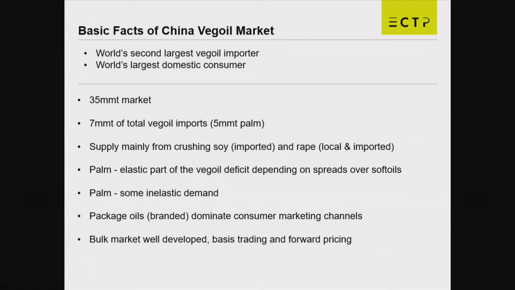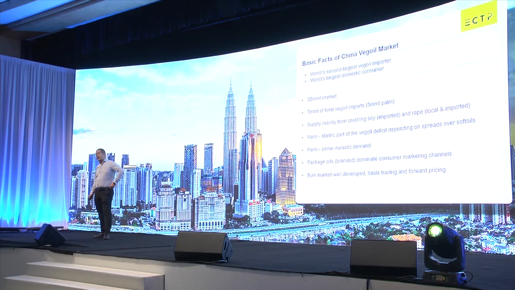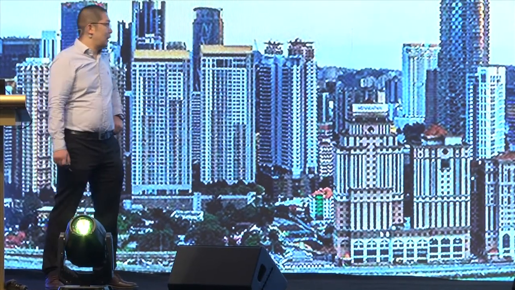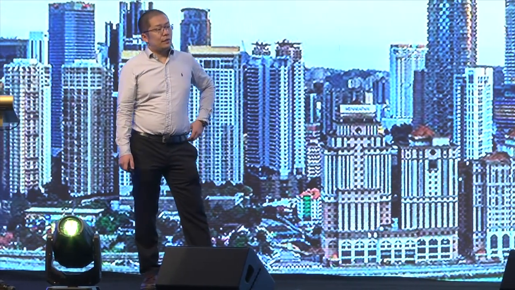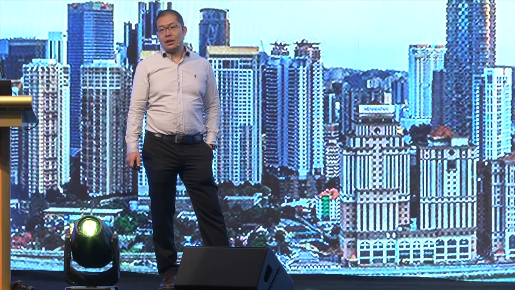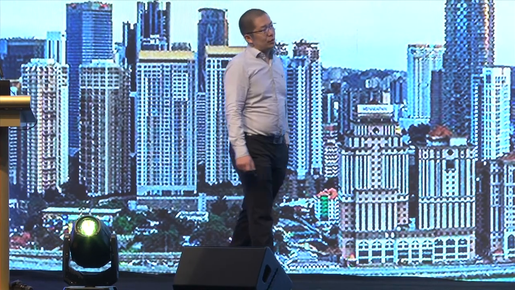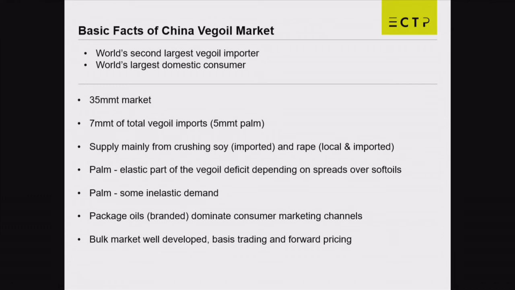It is a 35 million metric ton market, of which 7 million tons come from imports, 5 million of that palm. On the supply side, out of the 35 million tons of demand, supply mostly comes from crushing oilseeds, both soybeans and rapeseeds. In terms of palm, 100% is imported to fill the elastic gap of the visual deficit, as well as to meet the inelastic demand of Chinese visual consumption.